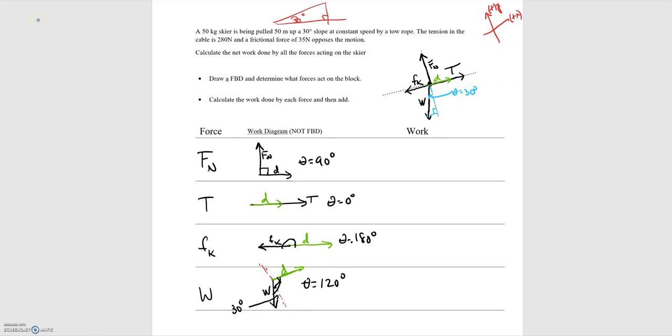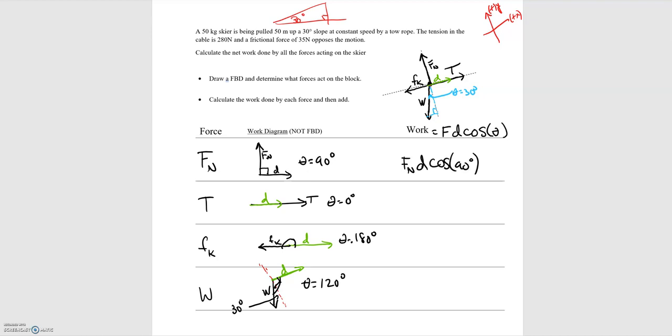So now let's calculate the work done on the skier by each individual force. Let's recall that work is equal to the magnitude of the force multiplied by the magnitude of the displacement multiplied by the cosine of the angle between them. So for the work done by the normal force, we have the normal force times the displacement times cosine of 90 degrees.